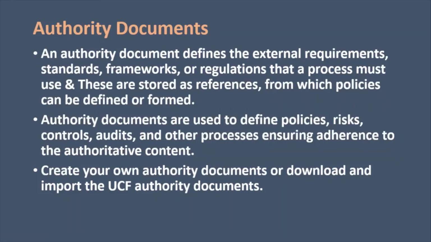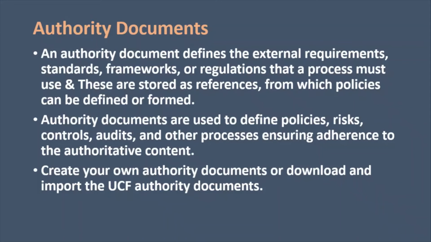An authority document defines the external requirement, standard, frameworks, or regulation that a process must use. So it is totally based on external requirements, and external standards, frameworks, or regulations that have to be followed. These are stored as references from which policy can be defined or formed. So we have a set of external requirement standards, and based on that we can form policies based on our internal goals and objectives.